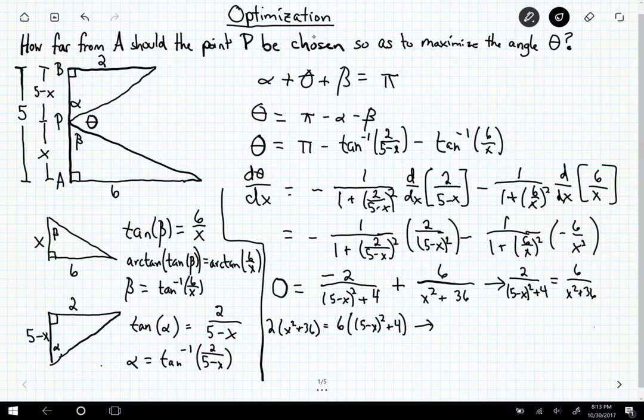So to distribute in that 2, we get 2x squared plus 72. And then this should equal 6 times (25 minus 10x plus x squared plus 24).